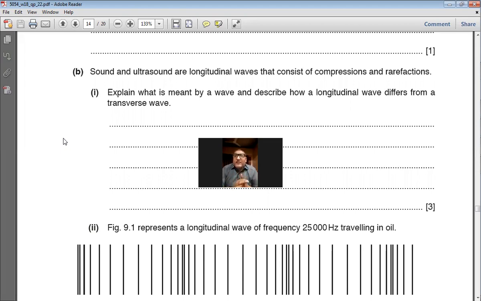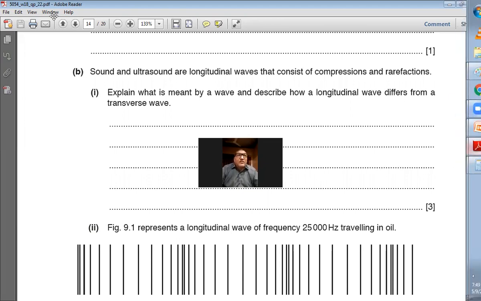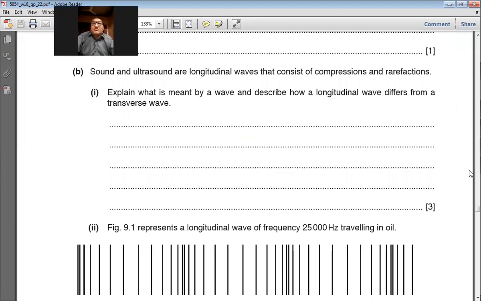Longitudinal waves consist of compressions and rarefactions, whereas transverse waves comprise crests and troughs. So these are the two major differences. A very famous 3-mark question.